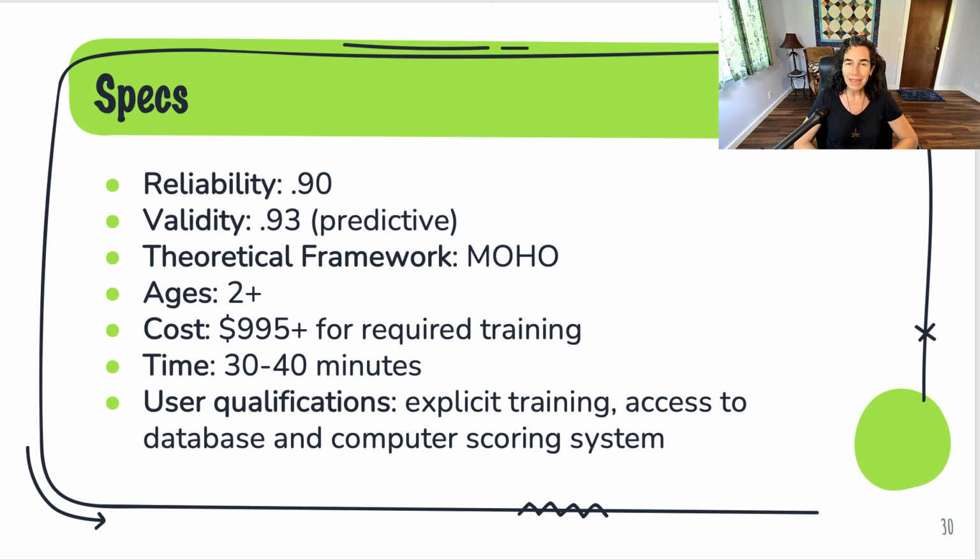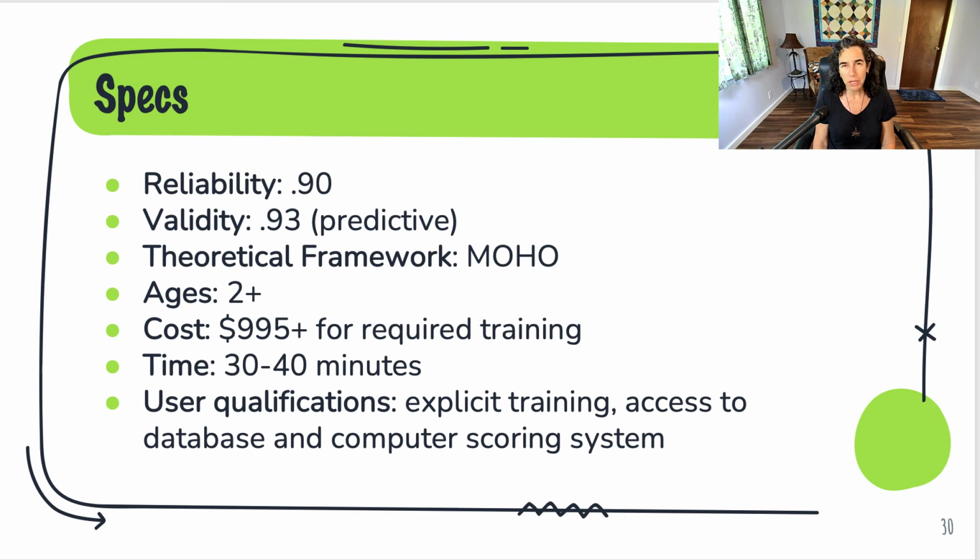So this is not a test that would be purchased by like some little tiny OT clinic like mine, for example. It's more a test that is given at larger institutions simply because of the cost to purchase it, and the information that it gives at the end of the day is really about like when the person's discharged, what are they going to be able to do, right?